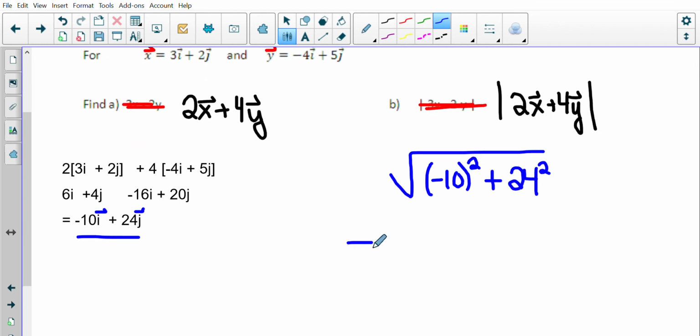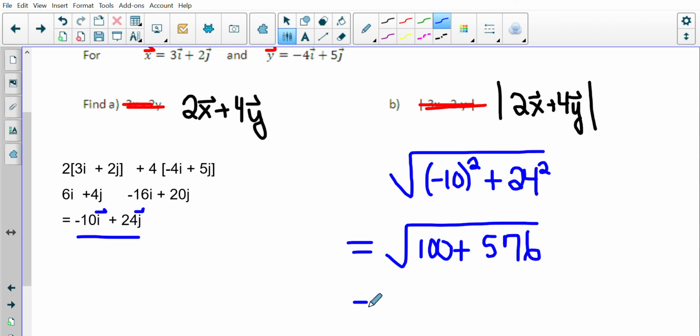Negative 10 squared is 100. 24 squared is 576. So I'm going to take the square root of 676, and I get 26, right on.